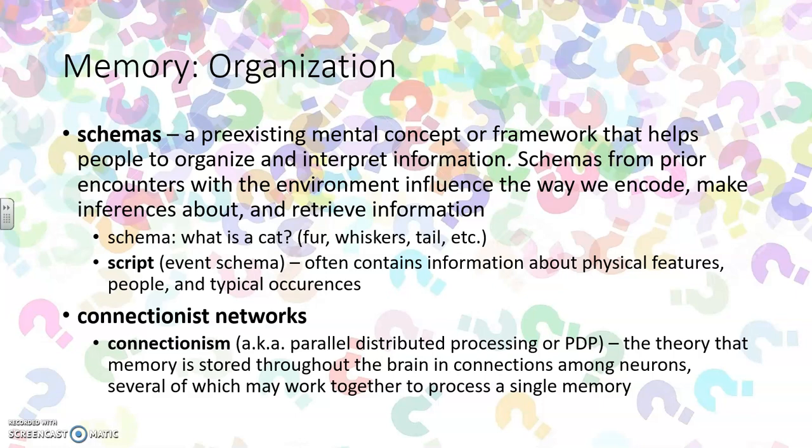Connectionism is one of the ideas, or a theory, that memory is stored throughout the brain, and it's connected with tons of neurons, and all these neurons work together to process a single memory, which is pretty cool.